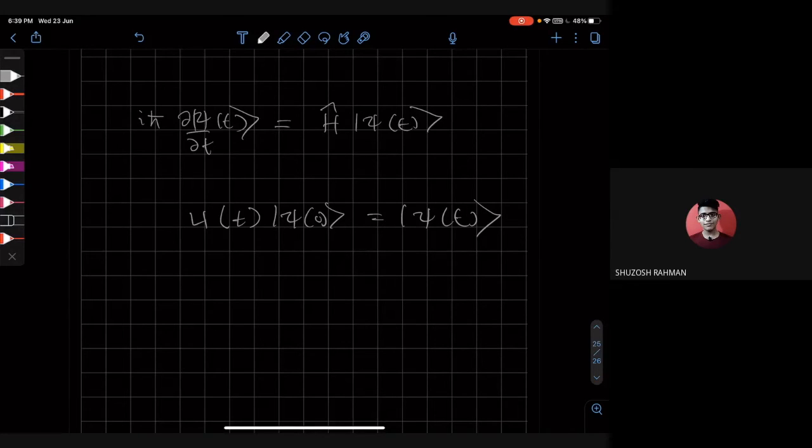So you use this in this equation, and then what you get is i h bar dU of t by dt acting on psi of 0 equals h U of t psi of 0.